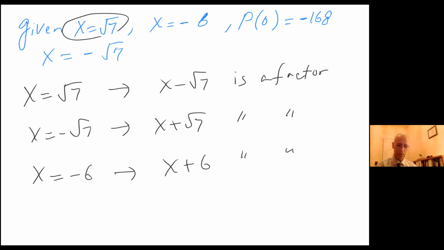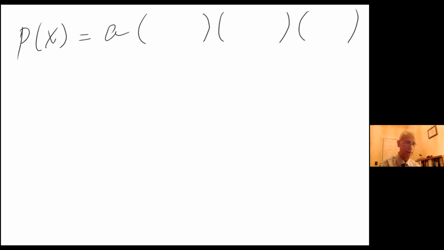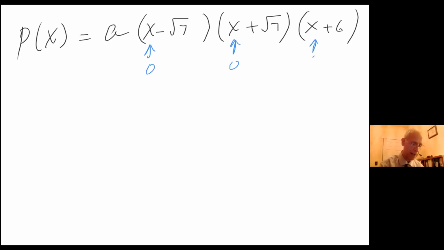Now going to the next page, I know that p of x must equal some a, and I'm going to have three factors here. We said that the three factors were x minus root 7, x plus root 7, and x plus 6. And so we also know that p of 0 is -168. So when this is 0, this is 0, and this is 0, I have -168 on the left-hand side.